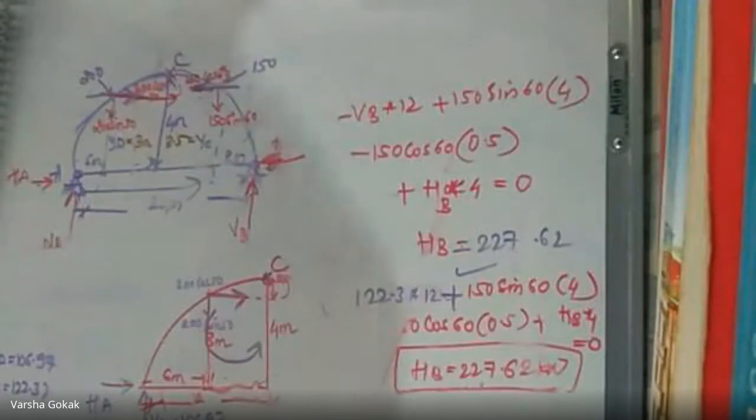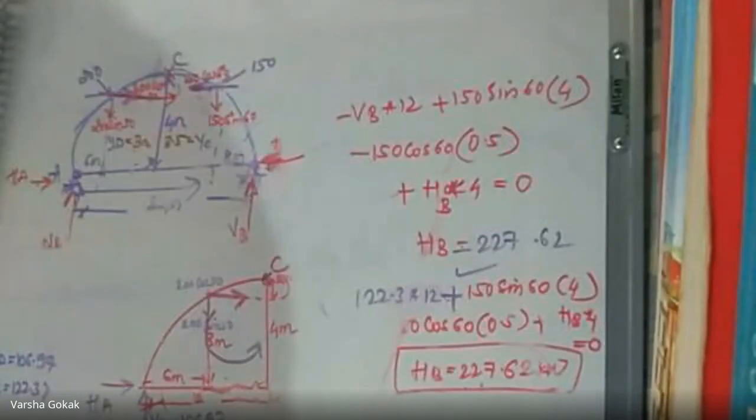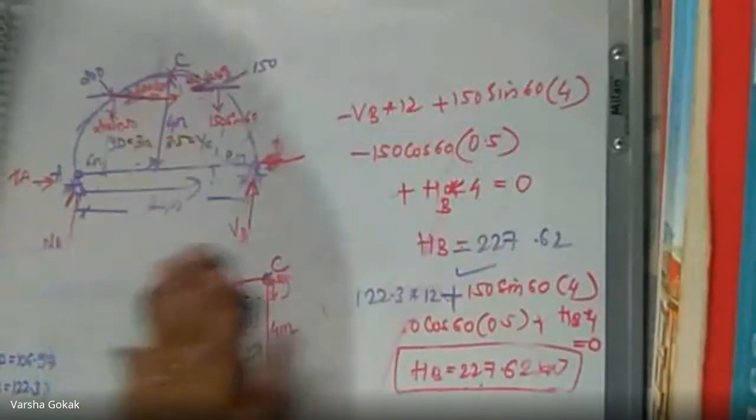With plus, I think, no? Hello? HB value 227 is correct. And ma'am, with plus it is 227, right?